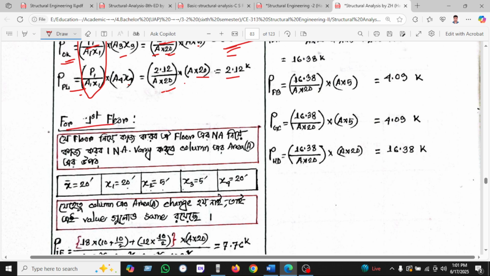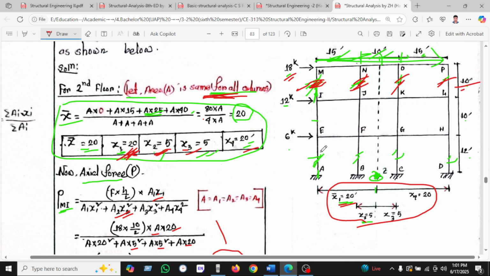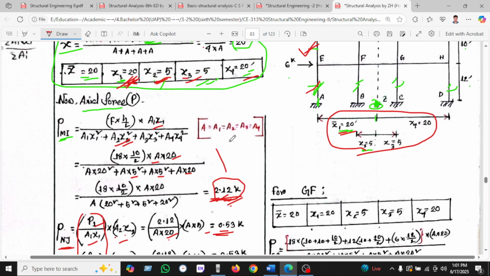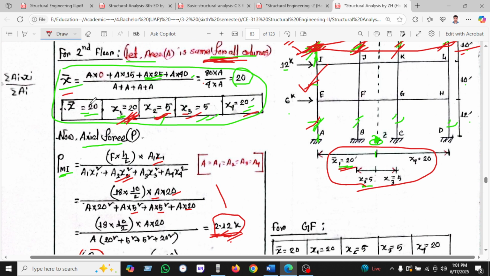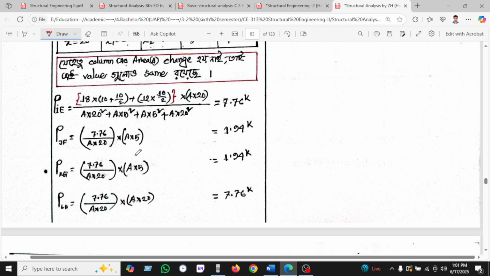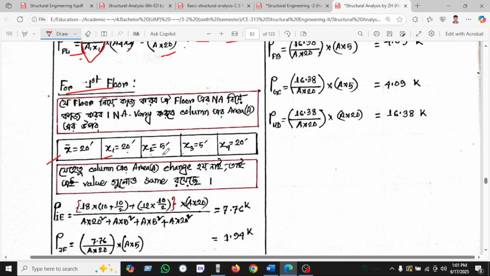This is the ground floor, this is the first floor, this is the second floor. So our second floor is done. Now we can calculate the first floor in the same way. At first we have to take the X bar as for the wall. This is a regular building, that's why X bar, X1, X2, X3, X4 will remain the same.